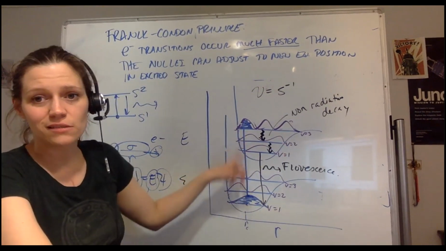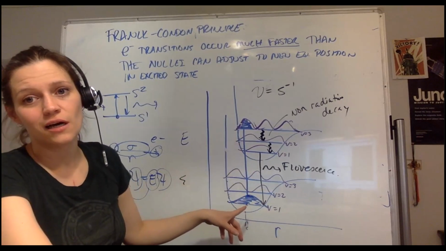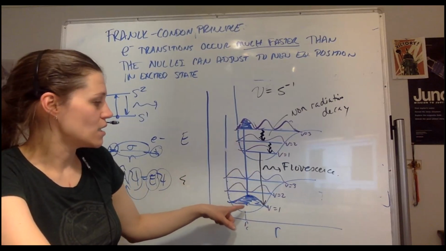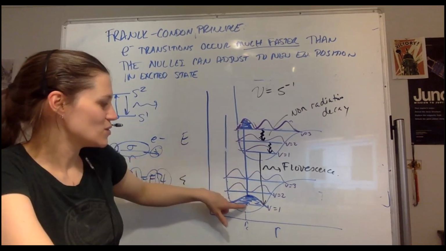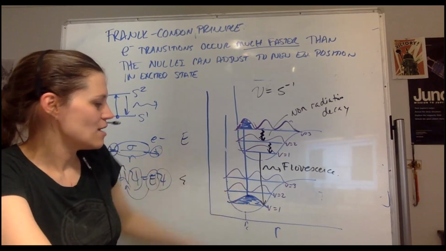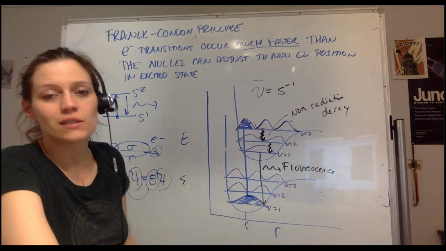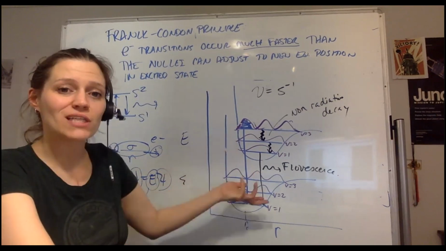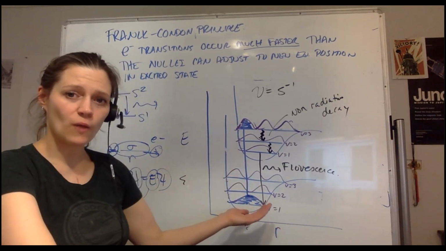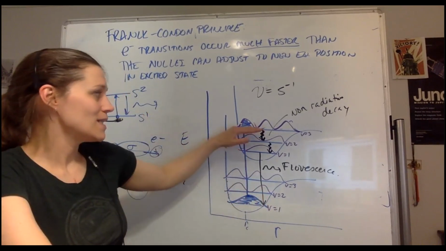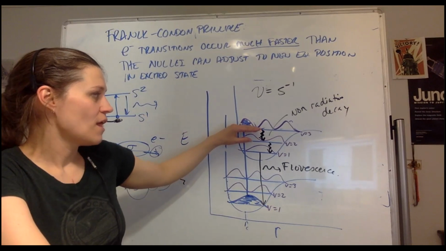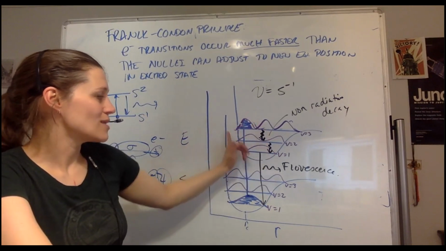10 to the 14th hertz is the frequency associated with electronic transitions. I believe it's in the femtosecond scale. That's really fast. It's much faster than vibrations. Because it's so much faster than vibrations, once it's in the excited electronic state, the nuclei can adjust, so there's a delay for this.